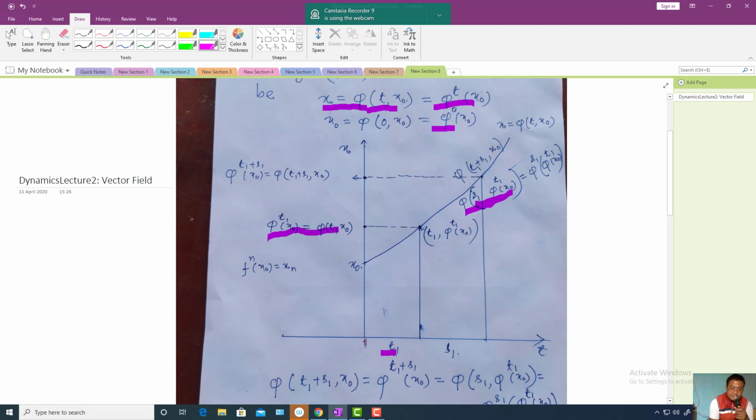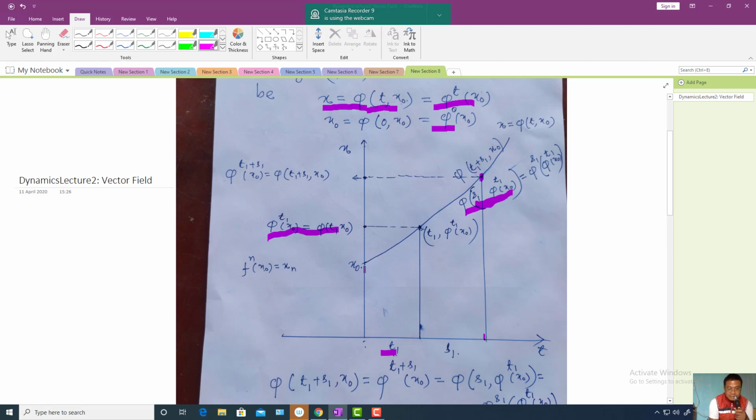So starting from here, after t1 plus s1 units of time, you will be here again, the same point. Starting from here, you will land here, and after t1 plus s1 units, you will land here. So this point is the same.